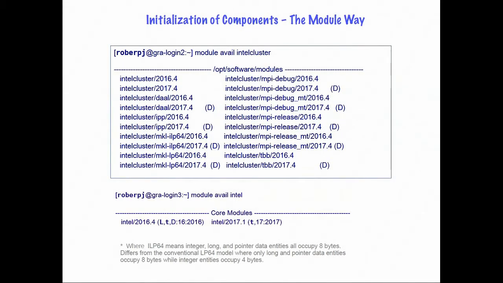So I hope I've been clear that the Intel cluster provides all these extra components, mainly the MPI library wrappers. Now I put at the bottom there just a little definition of the LP64 and the ILP64. So the ILP64 means integer, long, and pointer data entities all occupy 8 bytes, and it differs from the conventional LP64, where only the long and pointer data entities occupy 8 bytes, while the integer entities occupy 4 bytes.